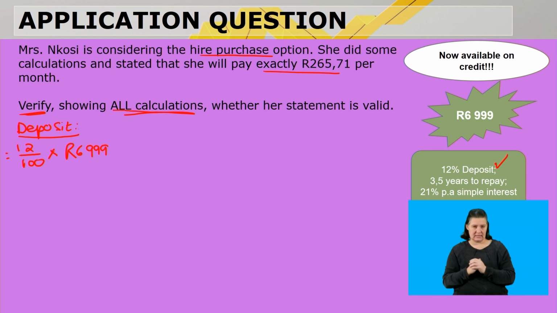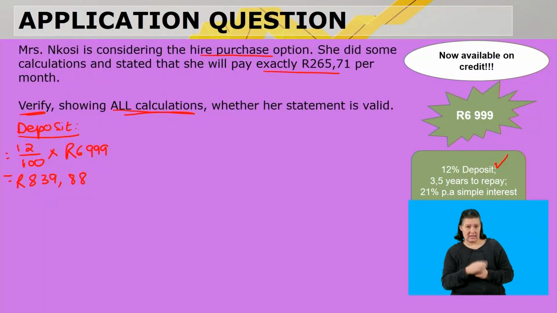Let's type it in to see what the deposit amount is. So 12% of 6,999. Therefore, it amounts to 839 Rand and 88 cents. Right, so that amount of money she'll pay.